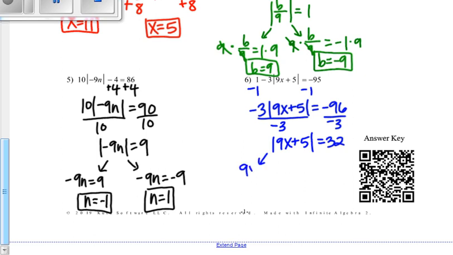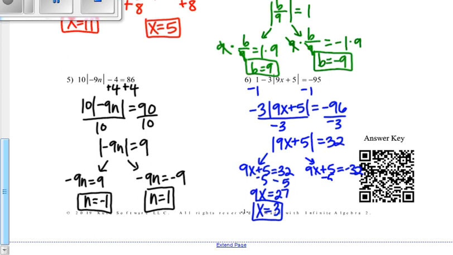I have 9x plus 5 equals +32, and 9x plus 5 equals -32. And then I'm going to solve both these equations, so starting off by subtracting 5 on both sides. 9x equals 27. If I divide by 9, I get x equals 3.